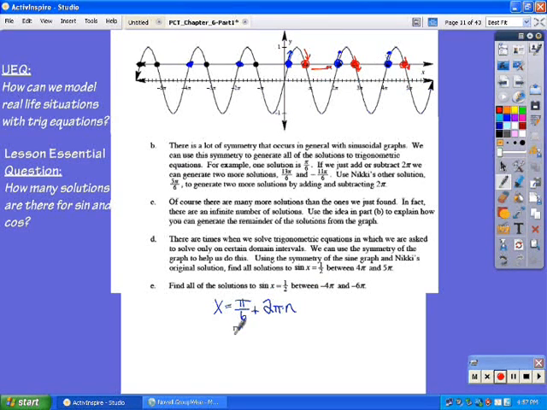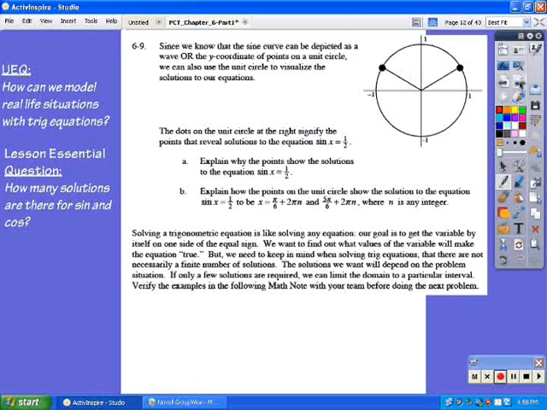So those are 5 pi over 6 plus 2 pi n. Will these always be the same? Certainly not. And that's what makes this part of it so difficult.